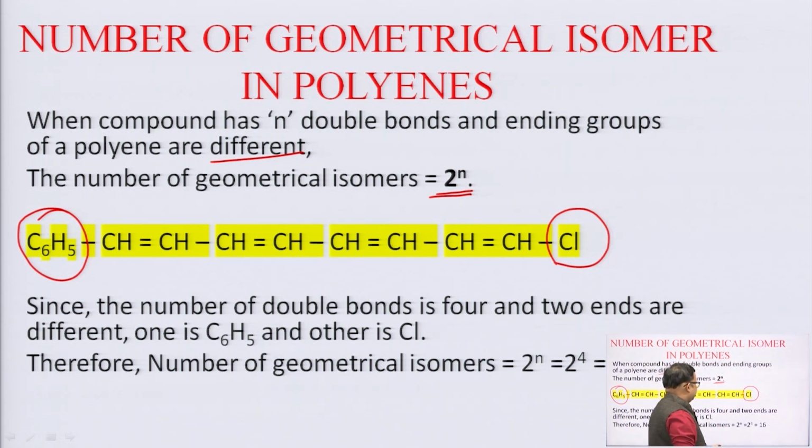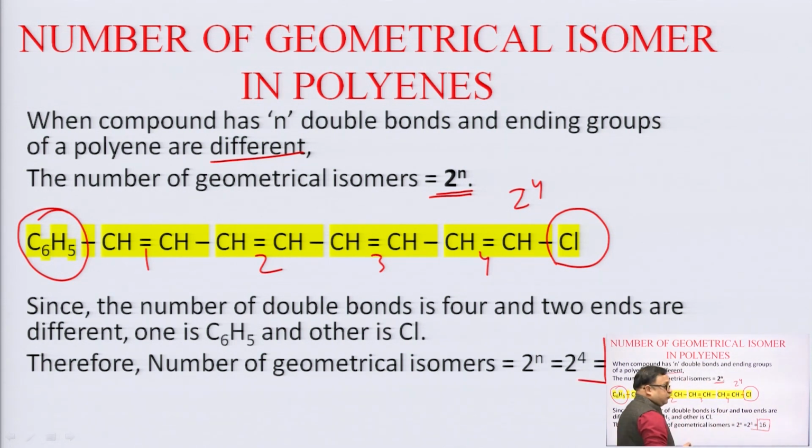In this case, count the number of double bonds: 1, 2, 3, 4. So, such a compound will exhibit 2 to the power 4, that is, there will be 16 geometric isomers.